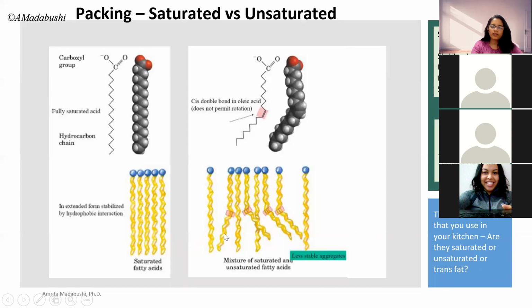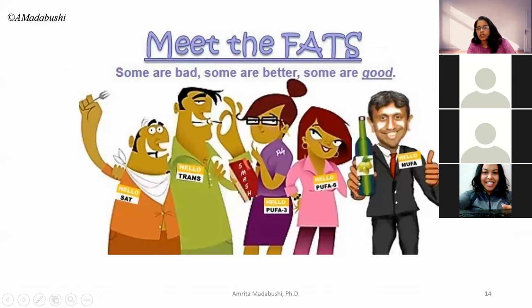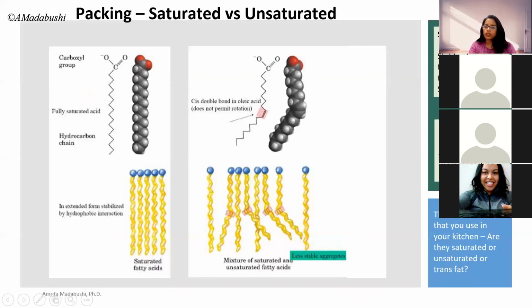unsaturated one is a little bit fancy. It's almost like it's dancing and hitting each other. So it's so dynamic, as a result of which it is more like oil. The oils are the ones. So, less stable aggregates, and that's why it is going to be in the form of an oil. Okay. So saturated fats are stable at room temperature due to tight packing, solid like butter.